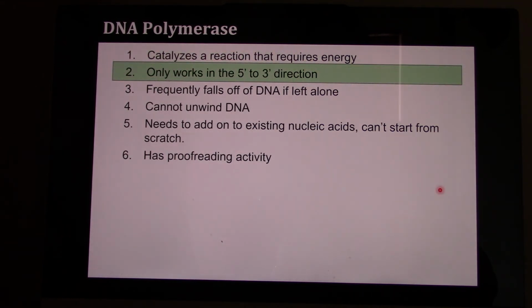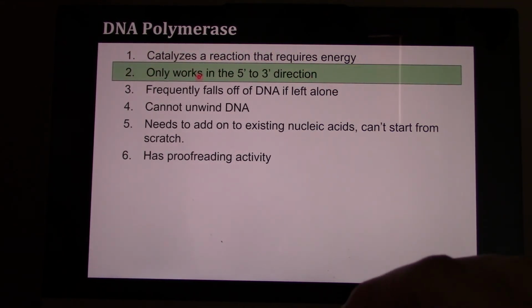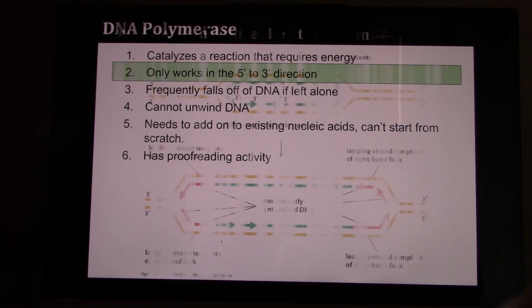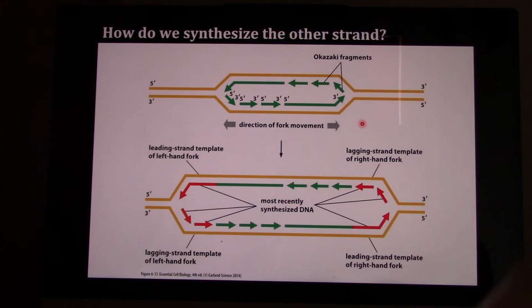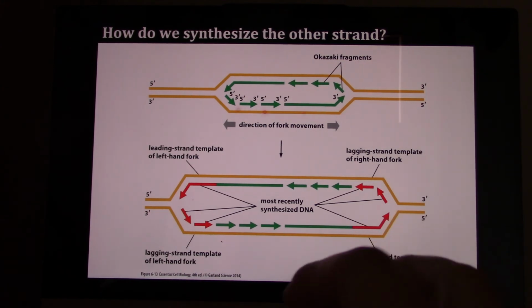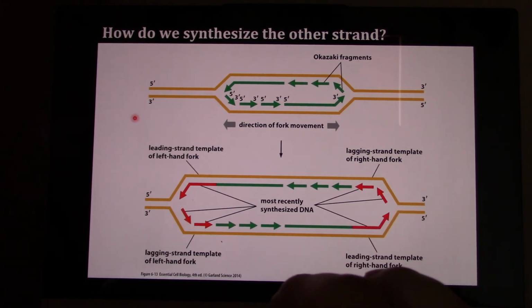Now we're going to move on to DNA polymerase only working in the 5' to 3' direction. So how do we synthesize the other strand? We've got the old conserved strand shown in orange. And for the direction of fork movement, we're unwinding to the right and we're unwinding the DNA to the left.